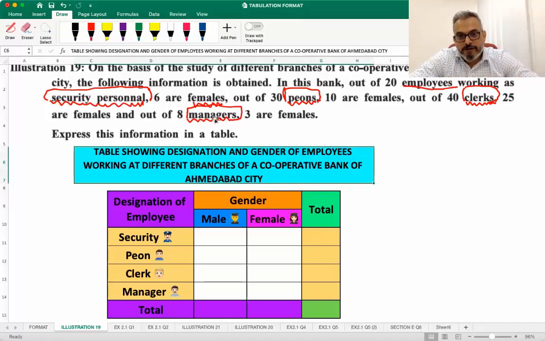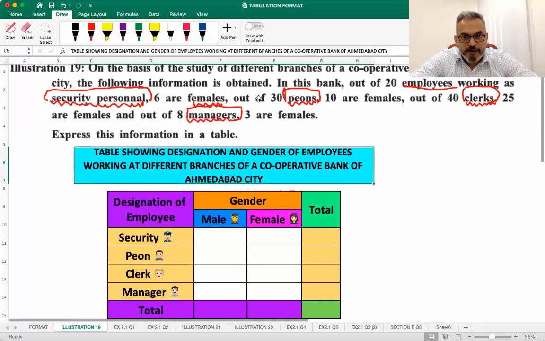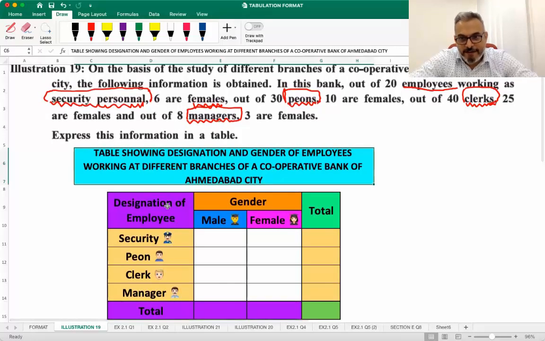Table showing the designation of the employee, whether it is security, whether it is manager, whether it is peon, whether it is clerk, and gender, whether they are male, they are female, of employees working at different branches of Cooperative Bank of Ahmedabad city. So now looking at the title, we would know exactly what we are going to make over here.